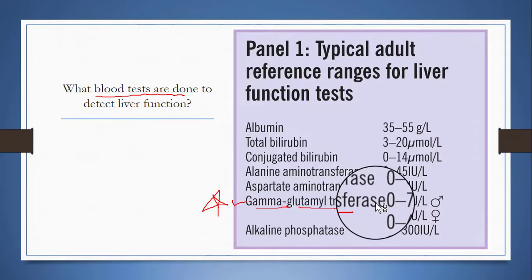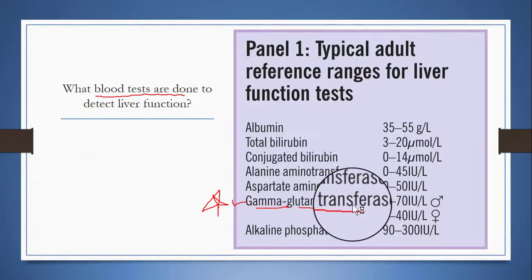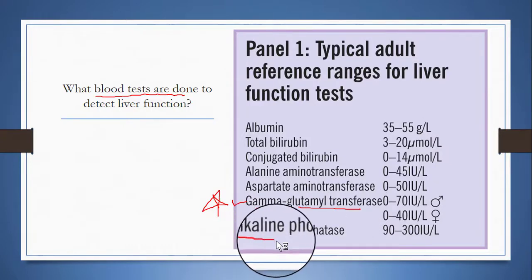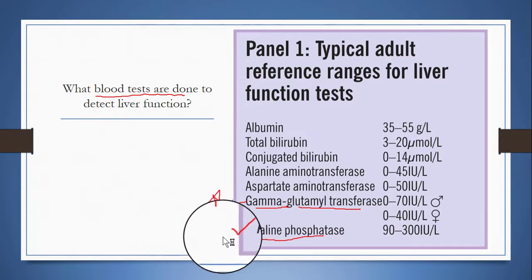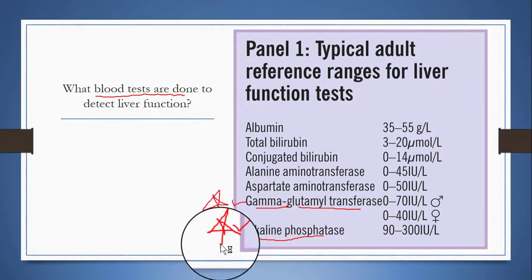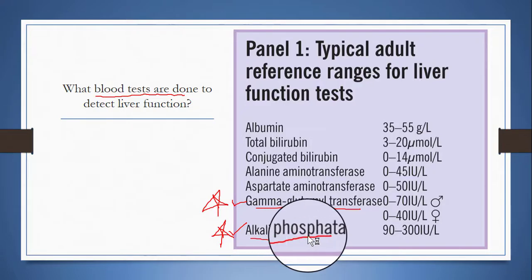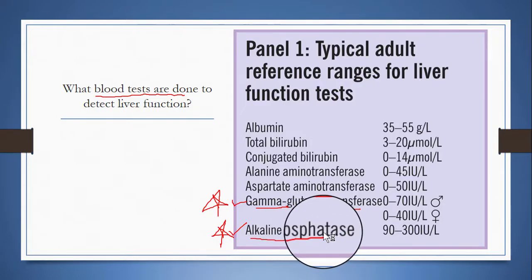Next is ALP, that is alkaline phosphatase. The liver synthesizes the highest amount of this enzyme, so a high level in the blood may suggest liver injury. Normal levels of ALP are about 45 to 115 units per liter.